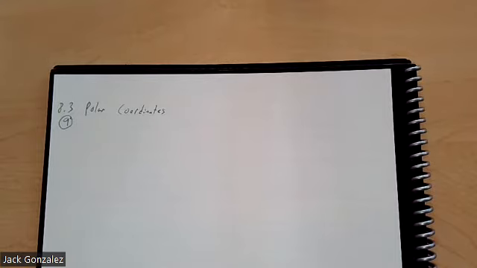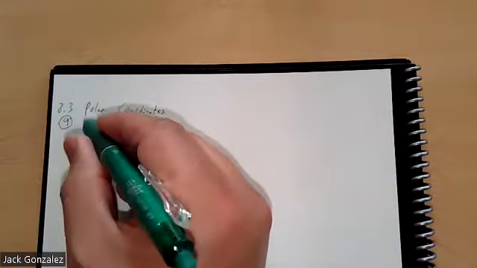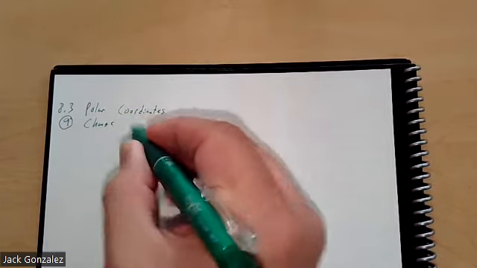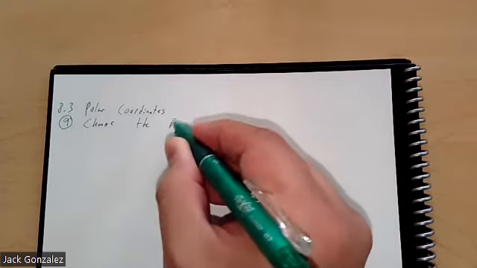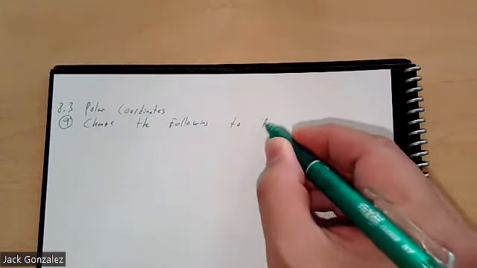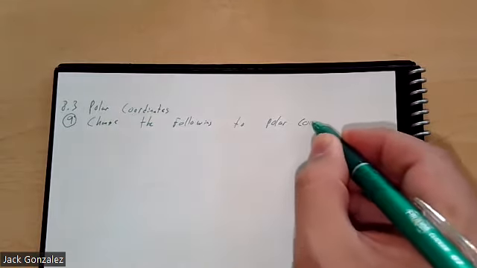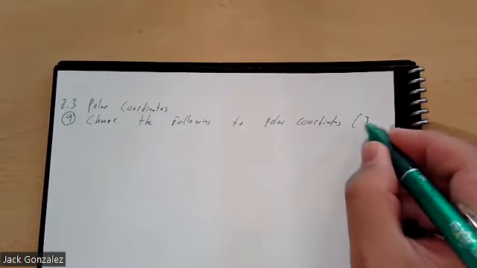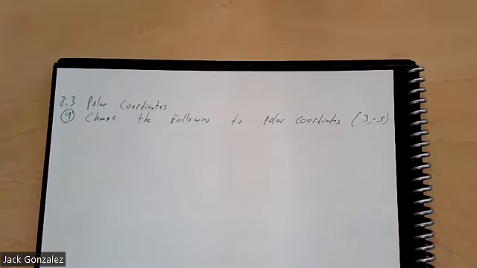Polar coordinates, number 9. Let's just start by changing the points to polar points. Change the following to polar coordinates. They're going to give us (3, -5).